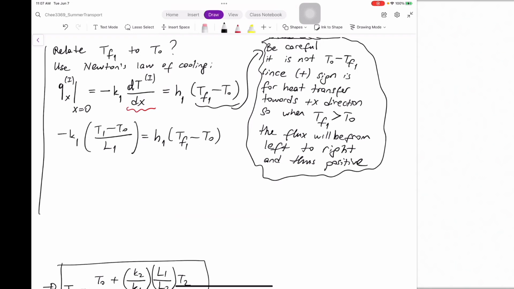So you can solve for T0 if you like, right? Now, but it still looks tricky, right? It looks complicated. Because now if I ask you, okay, solve for T0 with respect to TF1 and plug into the former equations and do it, oh, it's going to be a ton of work, right? But there's a trick here.